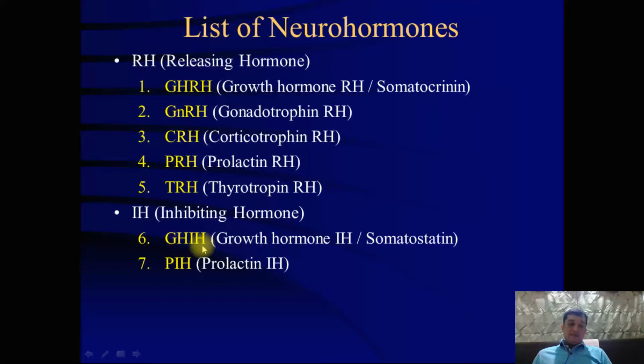So say for example, if GHIH is released, it will inhibit the release of growth hormone, because static means to inhibit or to stop, right. So here it is stopping the release of somatotrophin, the one which is responsible for somatic growth, right.